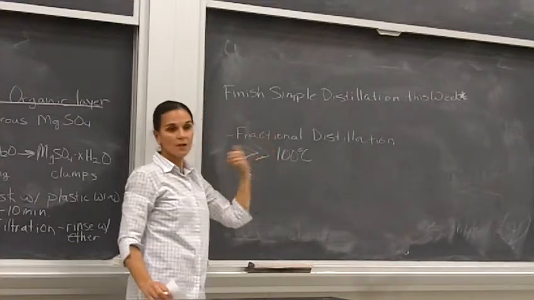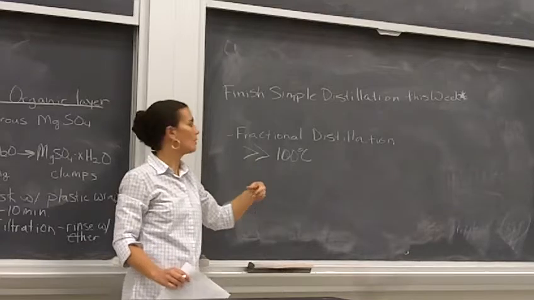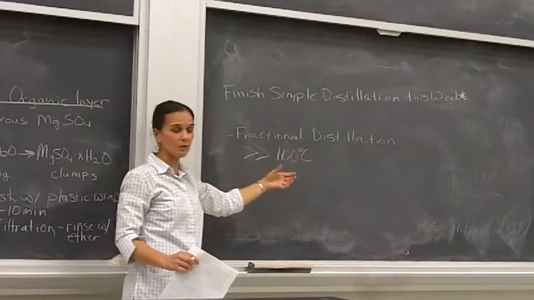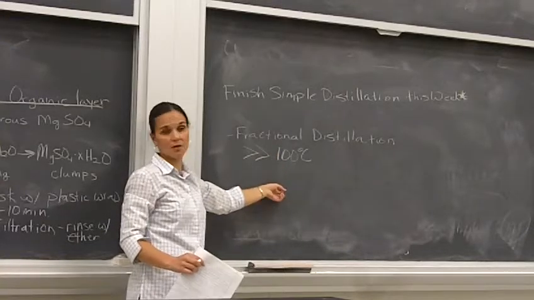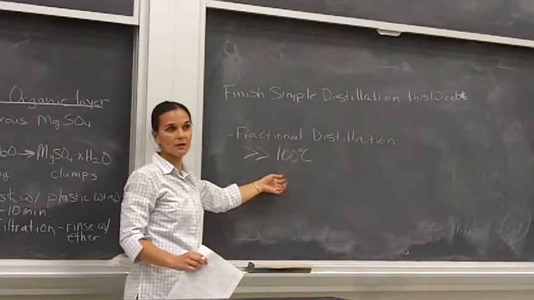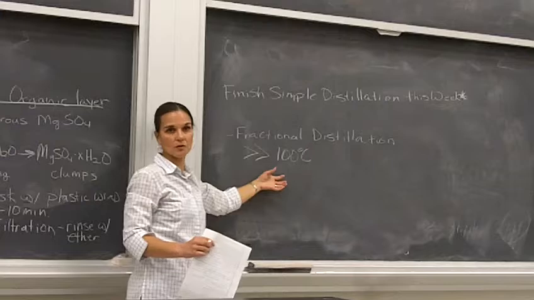So you'll see your ether, there may be some ether still left, that'll come off in a fraction. Then you'll see potentially some other impurities come off. And then about 20 degrees below your alcohol, you want to start collecting your fractions, and then collect something right around the boiling point of your alcohol too, okay?